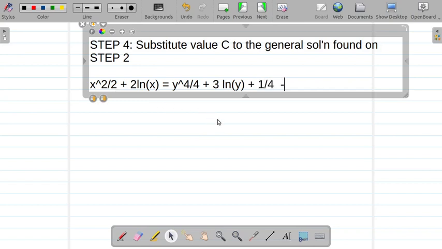So, this equation is muna din ni imuhang particular solution.